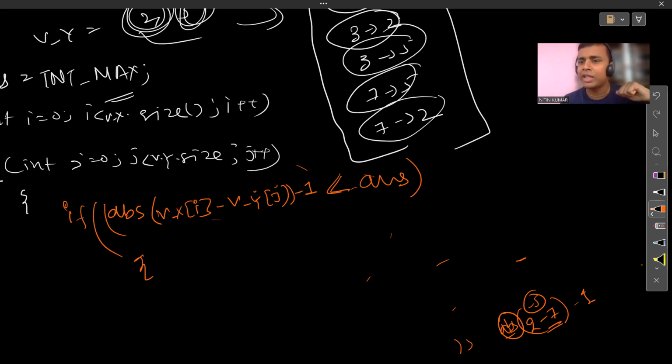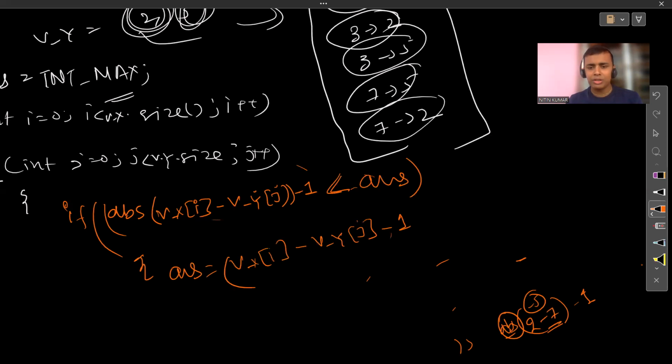But here I have to find the minimum possible value, so I am checking the minimum case. Whenever I get a new minimum value, I simply update my answer with the absolute of vx of i minus vy of j minus 1.